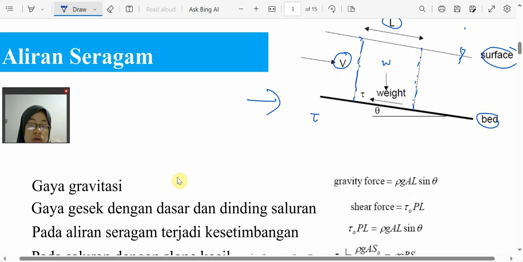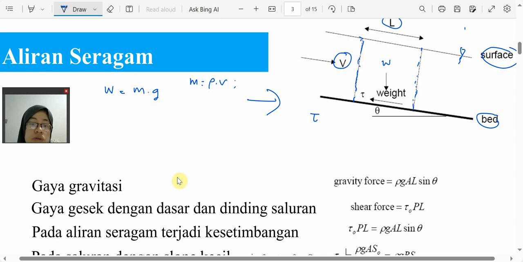Okay, so we know that the weight, W, this W symbol is for weight, is equal to mass times gravity. And we also remember that mass is equal to density times volume.